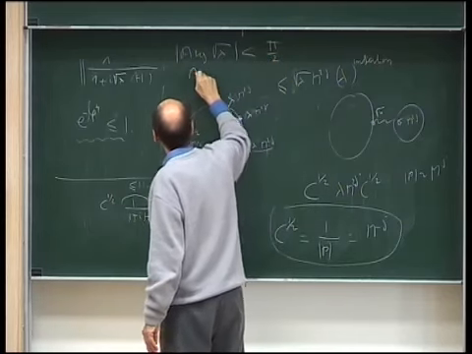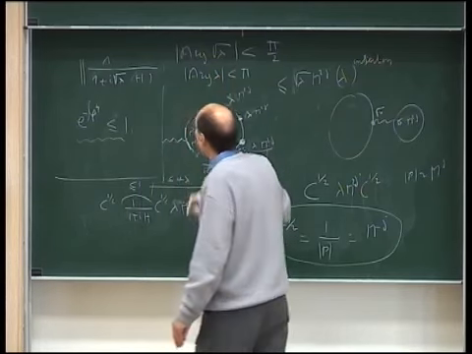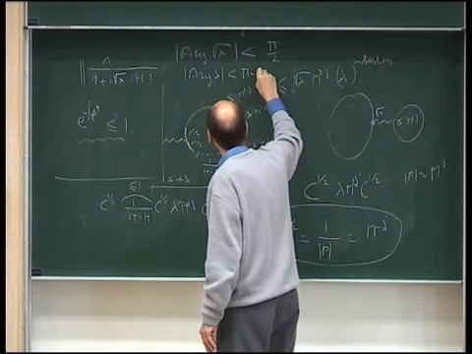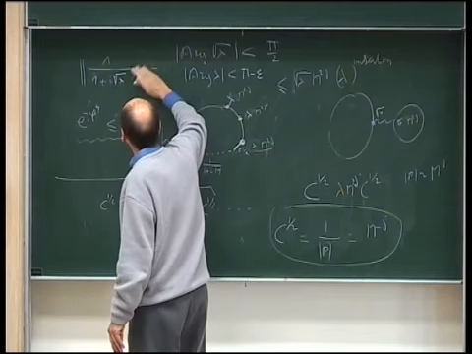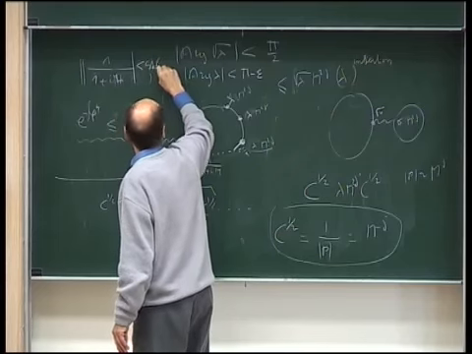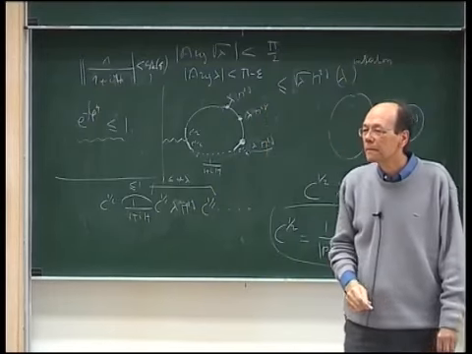So it means that you need that the argument of lambda is smaller than pi. And in fact, if you say that the argument of lambda is smaller than pi minus epsilon, then you will get here a constant depending on epsilon. So you get directly analyticity in a calculation.